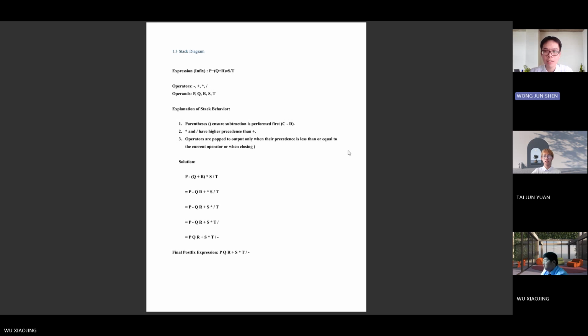We push operators onto the stack and pop them off when needed. The final postfix expression becomes PQR plus X times T over minus.